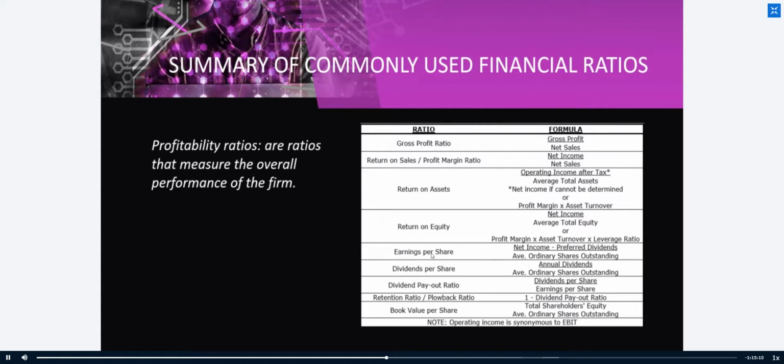That's why in earnings per share, basically we're calculating the amount of earnings to be allocated to the ordinary or common shareholders. Dividends per share is the annual dividends divided by the average ordinary shares outstanding. You also have the dividend payout ratio, the dividends per share over the earnings per share. Then you have your book value per share.